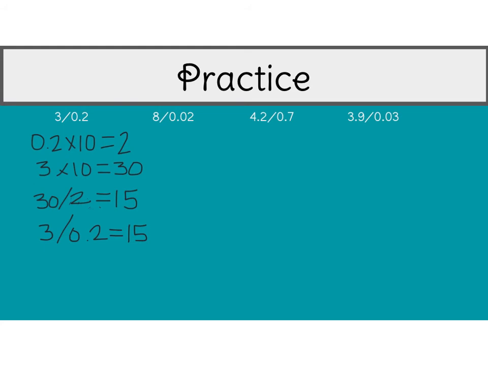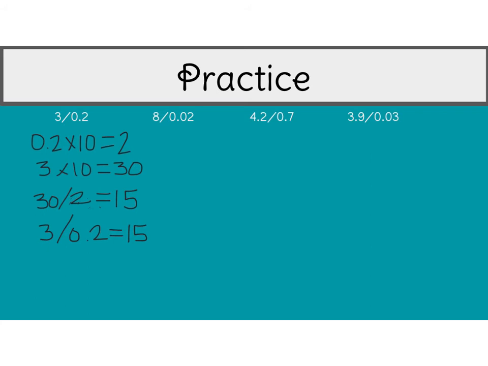So let's take a look at our next practice problem. We have 8 divided by 0 and 2/100. So again, if we want to take this problem and make an equivalent problem to make it a little bit easier to solve, what can we do to change some of that?